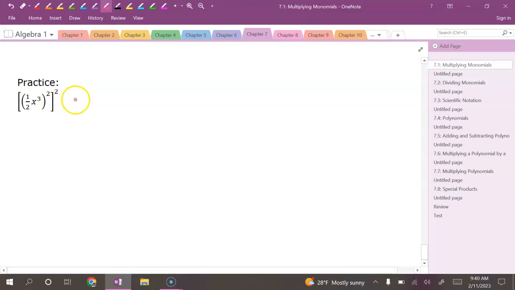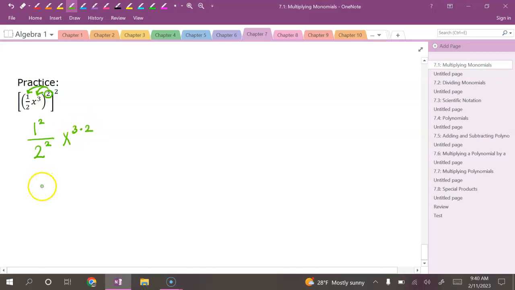So I am going to show both ways, the original way and the shortcut way, just to make sure that I hit both of them in case you chose one of the two options here. So the first thing I did is I took this 2 and I distribute. So I had 1 squared over 2 squared, and then x with a 3 is now being multiplied to a 2.